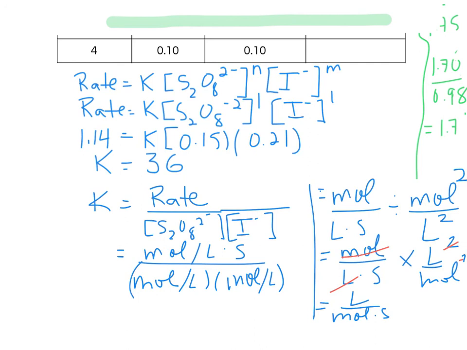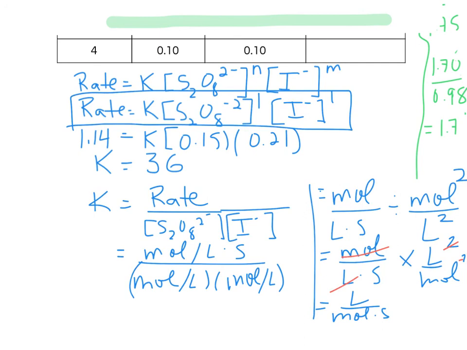So there I go. I'm running out of a little bit of room here, but I can see that my rate is going to be equal to this, where the value of K is 36 liters per mole second. And I'm just about done this question.